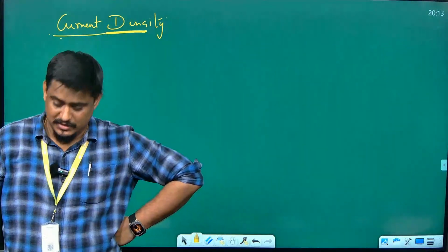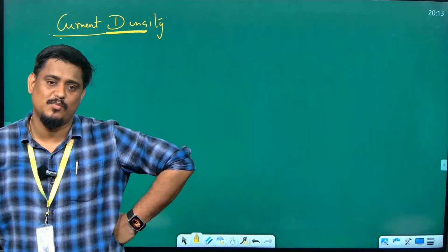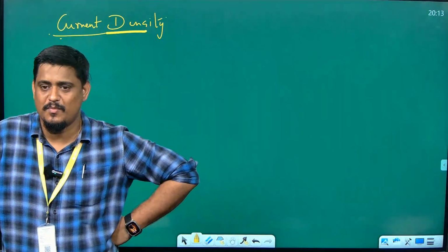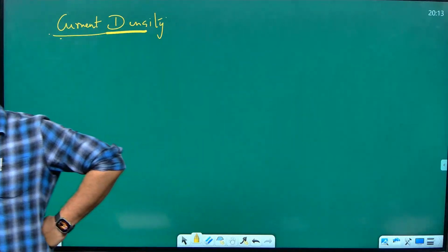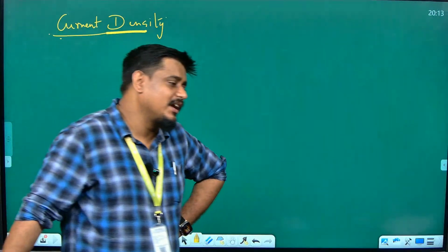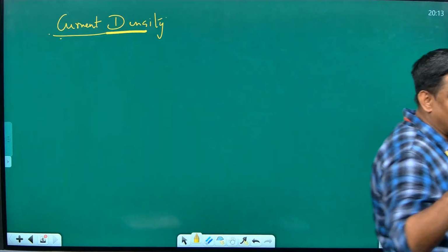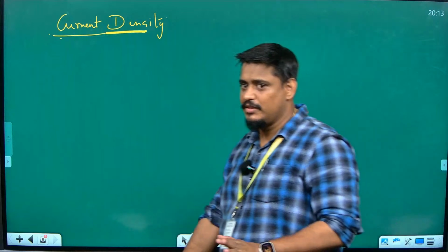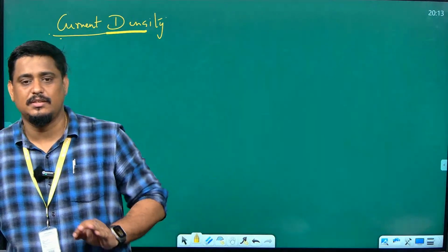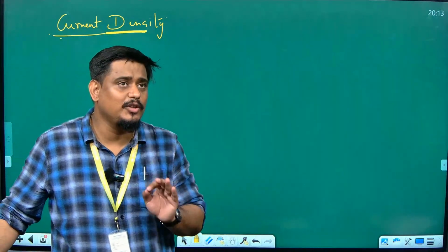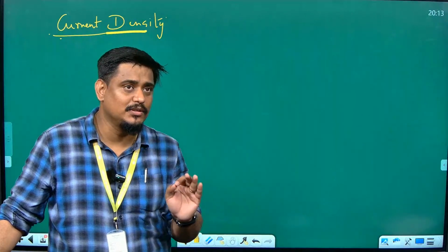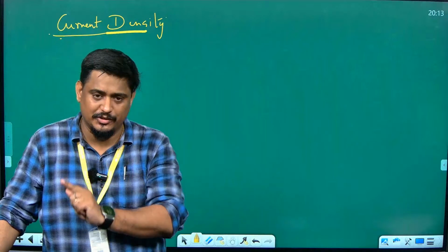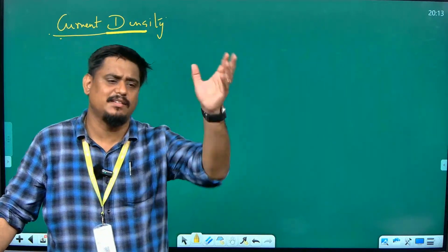Mr. Sharan Ram, what is tensor quantities? We'll talk about tensors later. Current can be considered as scalar because even though it has magnitude and direction, it does not obey vector laws of operations. That is for layman's understanding.